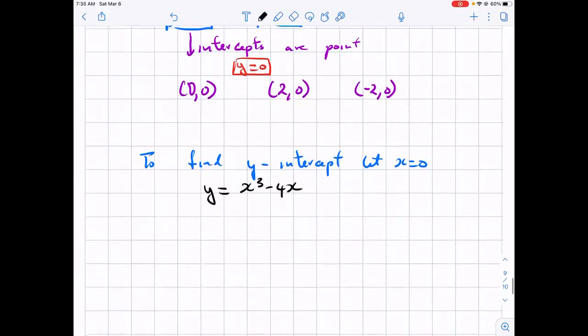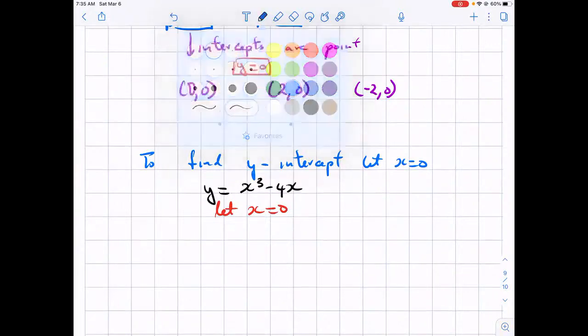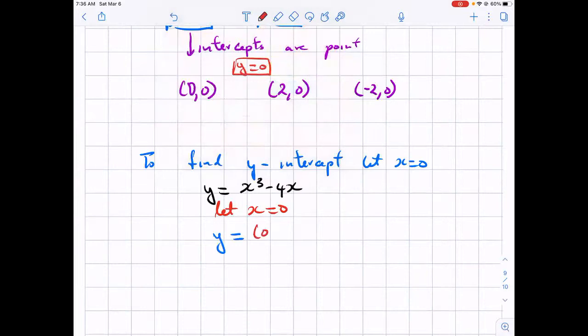Now if x is 0, okay, let x equal 0. So this leaves me with y is equal to 0 cubed minus 4 times 0.